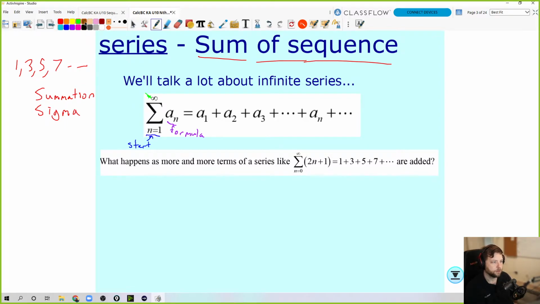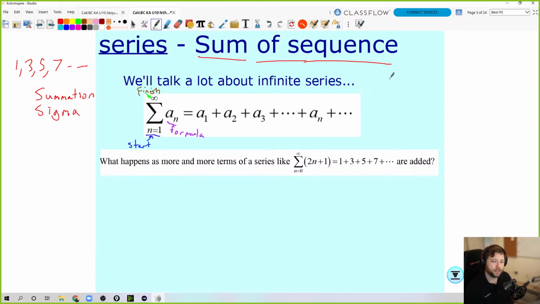So this will be the formula you use, your starting number is the number you plug in for the variable in that formula, and this will be your final number. Typically when we do these problems, the starting number is going to be either 0 or 1, usually when we count. And sometimes the finish could be going to infinity, or it could be a certain number.